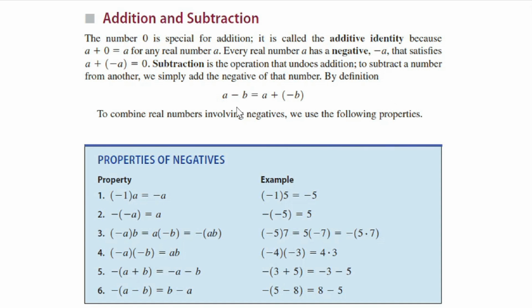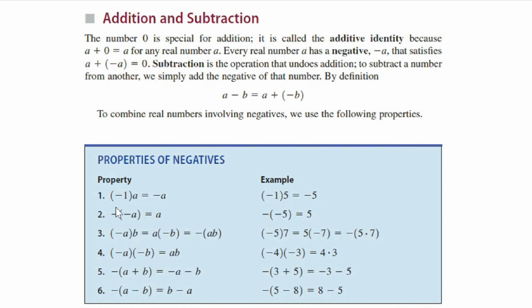So by definition, a minus b equals a plus negative b. So if you're going to simplify the right-hand side, it will just go back to the original from the left-hand side. Okay, so to combine real numbers involving negatives, we use the following properties. So please take note of these properties of negatives.